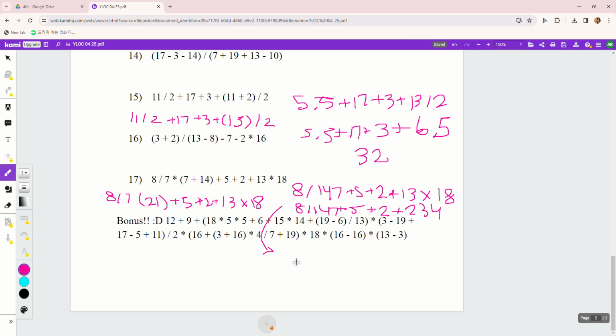From here, you divide this number and then add all the products together, which will finally give you 265 as the product.